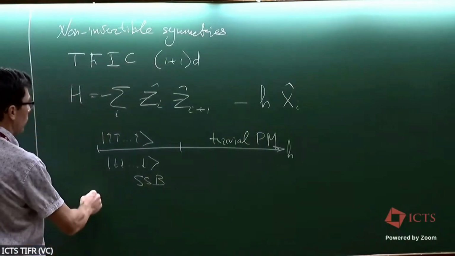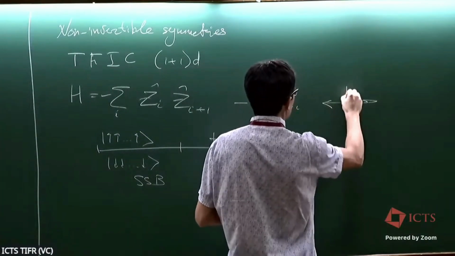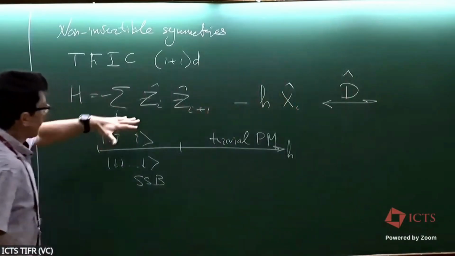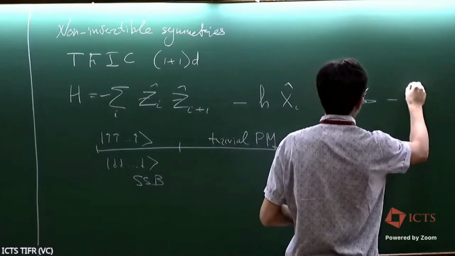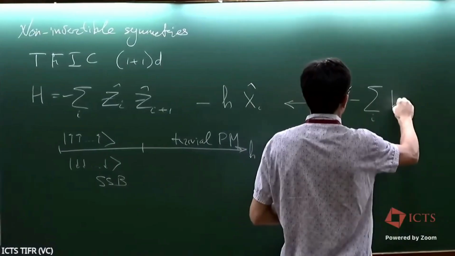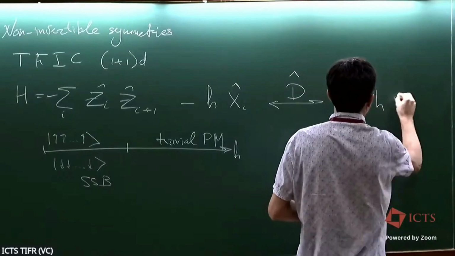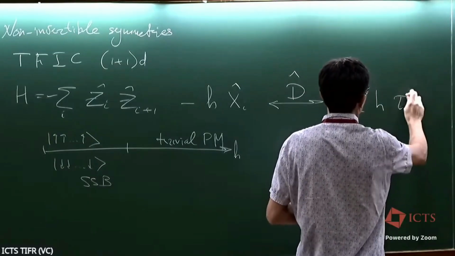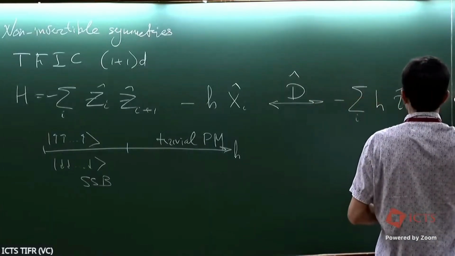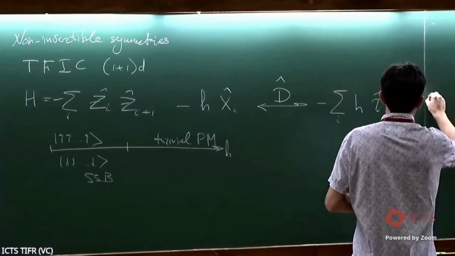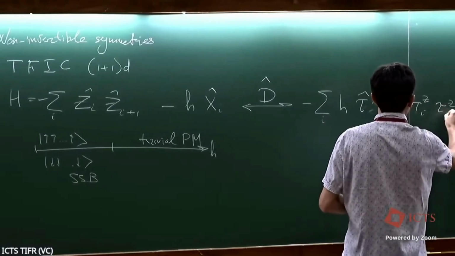That is, if I give you a Hamiltonian like this, there is a duality operator that transforms this Hamiltonian to an identical form. And I'm going to write this down here for completeness. That would look like this, where I'll write tau x, and I will have, in this case, tau z operators, written like so.